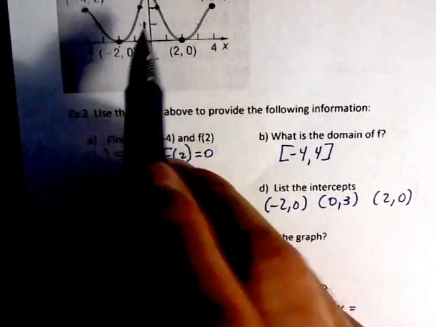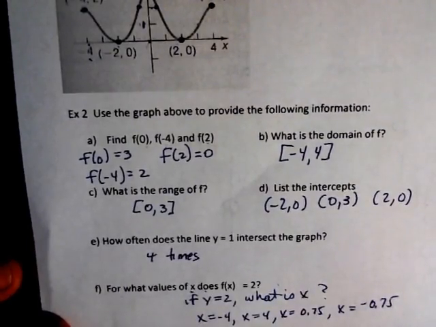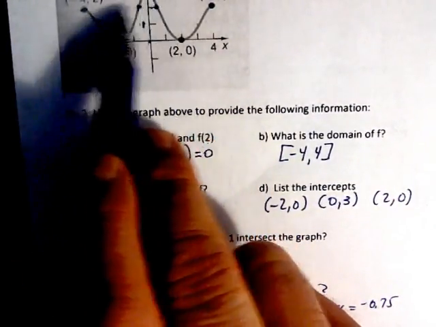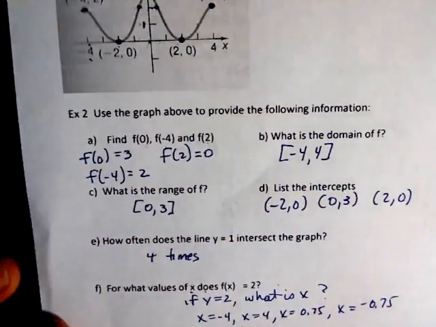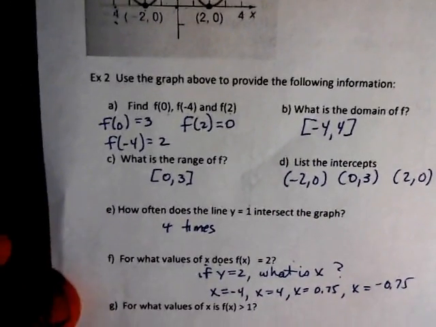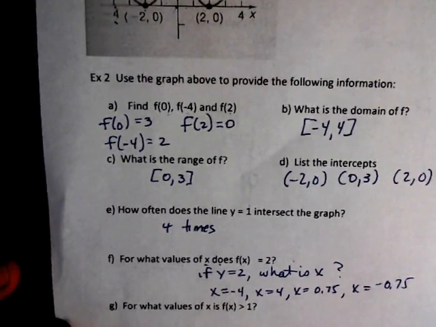On the other side, it's probably about negative 0.75. So just because we don't have points plotted here doesn't mean they're not still here, because this is all where y is 2. It's all the way across. And so sometimes that can be a little confusing, okay? But you just got to remember what you're looking for and how to locate it.